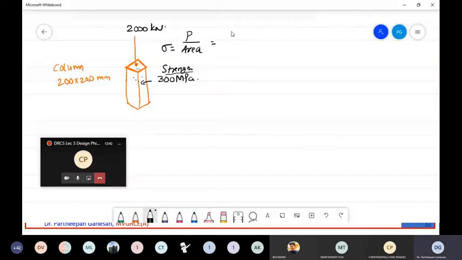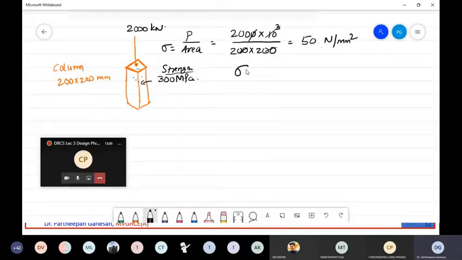The load is 2000 kilonewton, or 2000 into 10 cube newtons, divided by the area, 200 multiplied by 200 millimeter square. If you cancel these 4 zeros, 200 divided by 4 is 50 Newton per millimeter square. Okay, so the stress due to applied load is equal to 50 Newton per millimeter square.